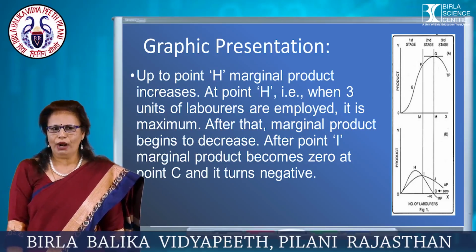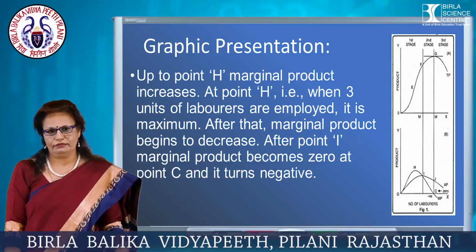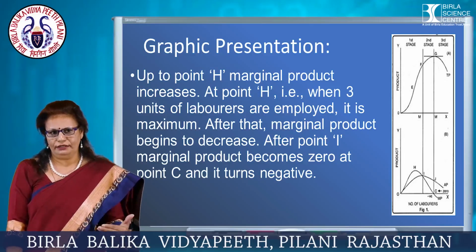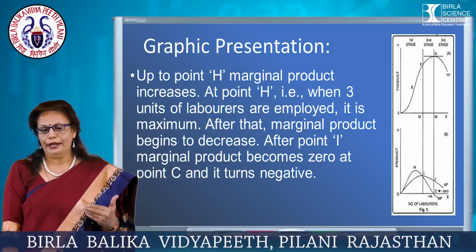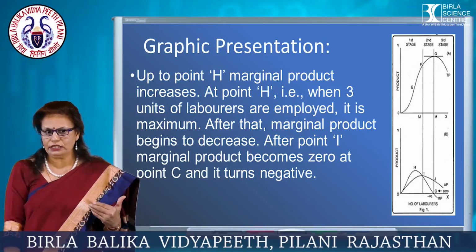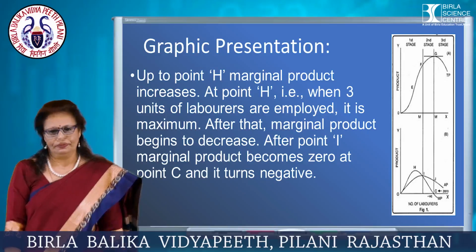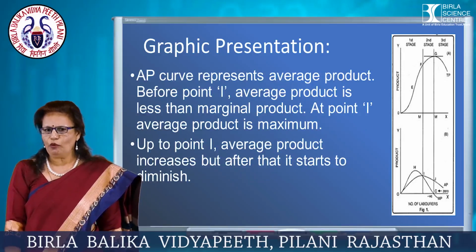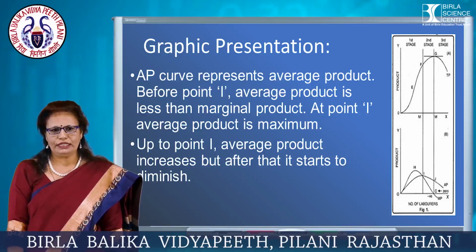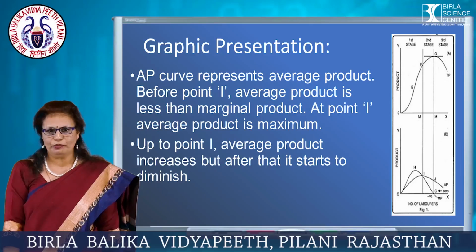After that, marginal product begins to decrease. And after the point I, marginal product becomes 0 and at point C it turns negative. AP curve represents average product and before point I, average product is less than marginal product.